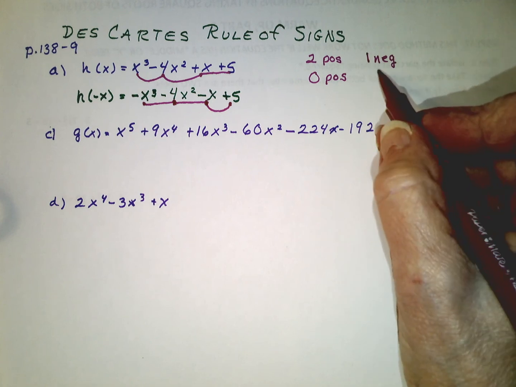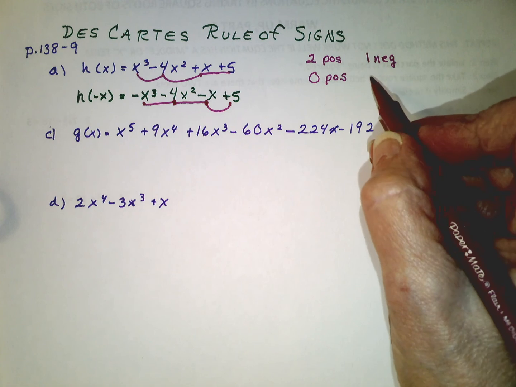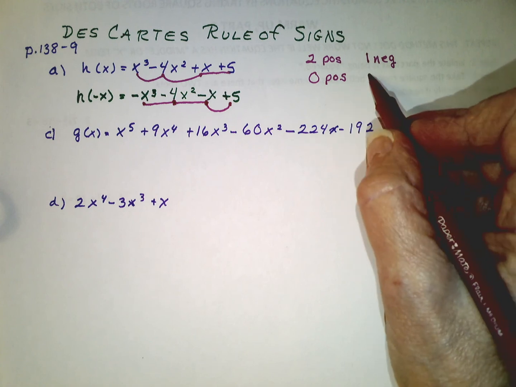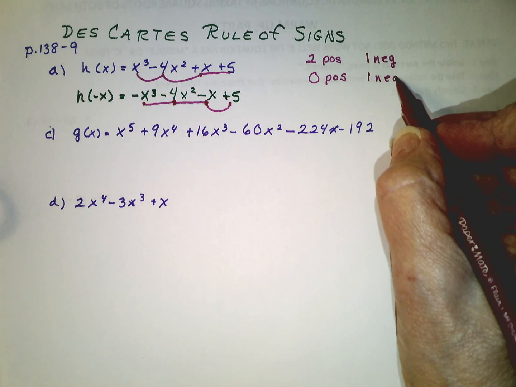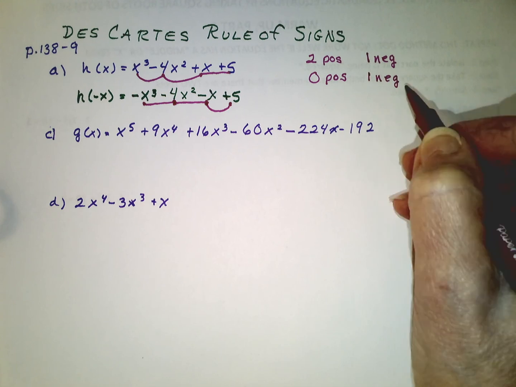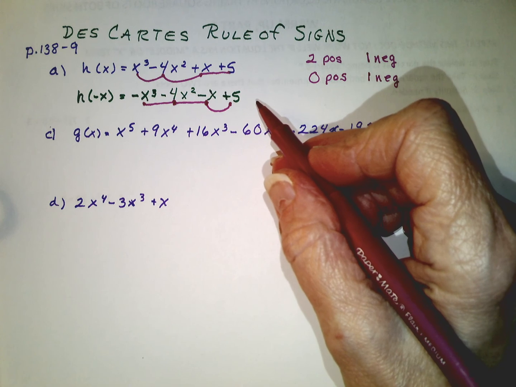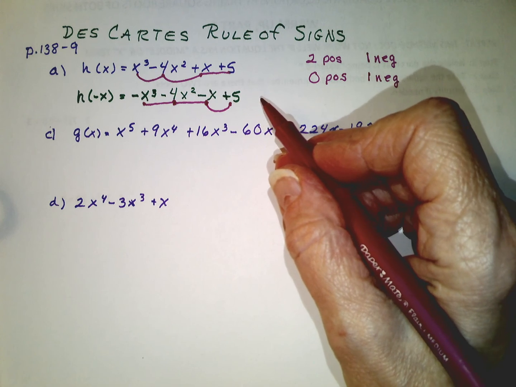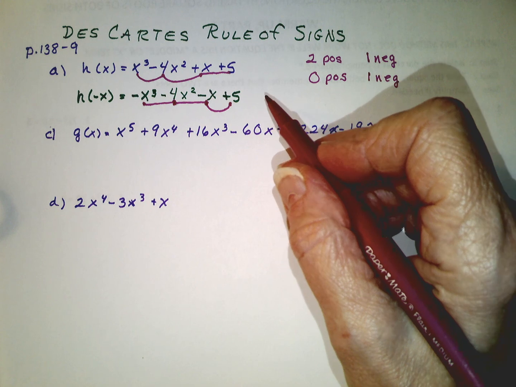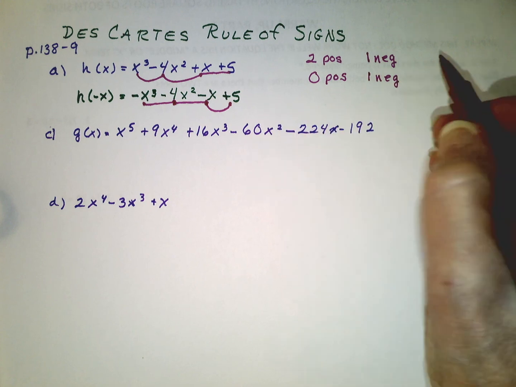And we're not going to subtract any 2's from this. There could be 0 positives and still 1 negative. Somehow, there's going to be a negative real root here. There will be a negative x value on the x-axis.